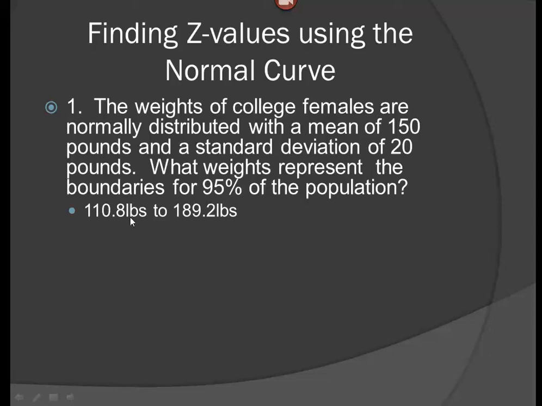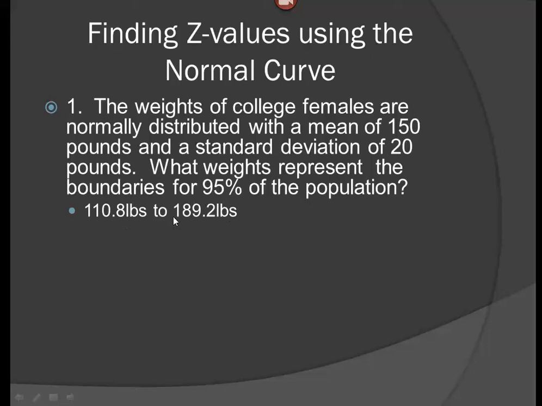And so as we're calculating, for example, if you want to find this value, our area to the left would be 0.025, comma, the mean of this distribution, which is 150 pounds, comma, the standard deviation of the distribution, which is 20 pounds. So invert norm 0.025, comma, 150, comma, 20 gives us this value.